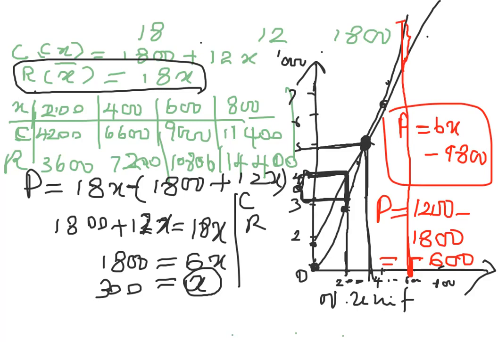Then we draw a horizontal line to the y-axis and we can find this distance. That distance equals the profit that we earn when producing or selling 600 units. So through the graph you can identify that, or do a similar thing algebraically.